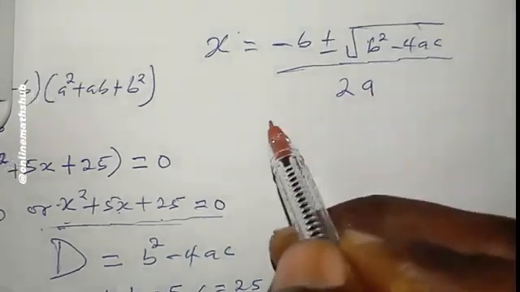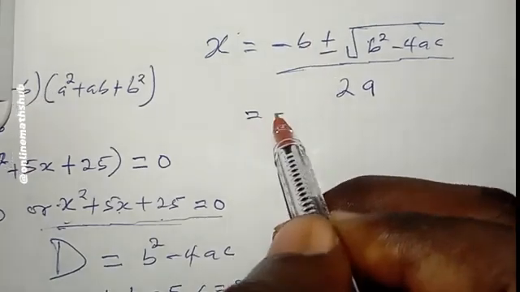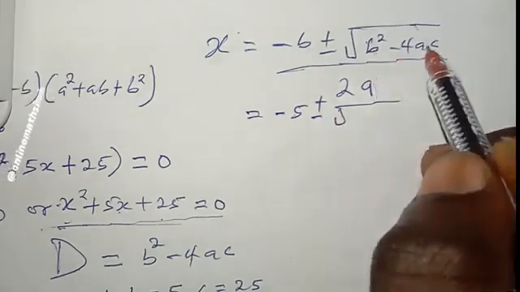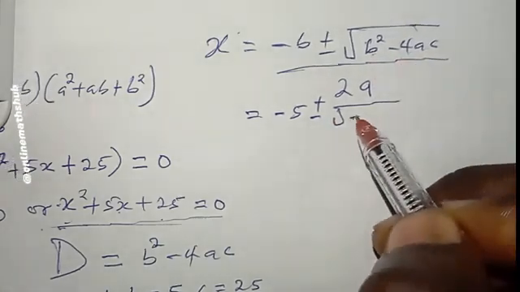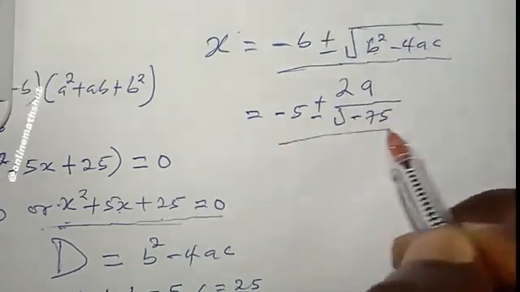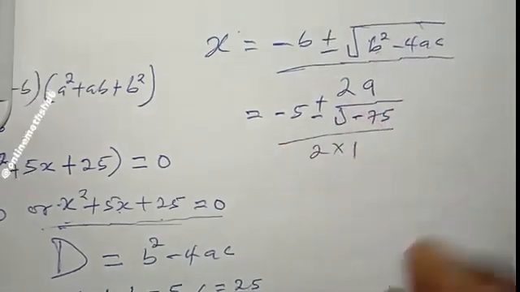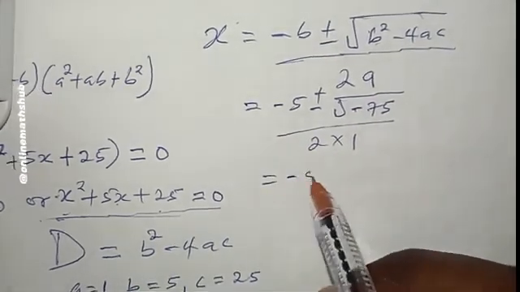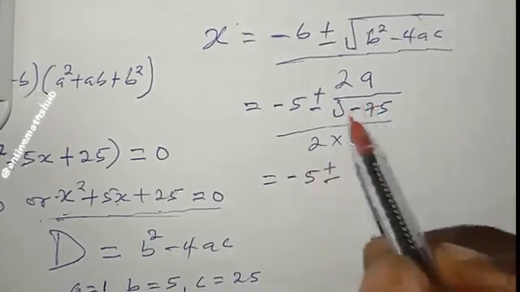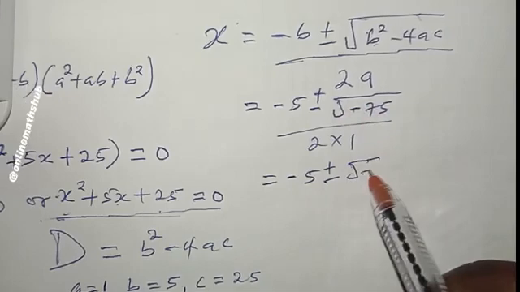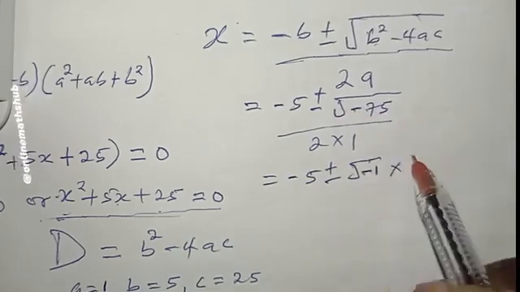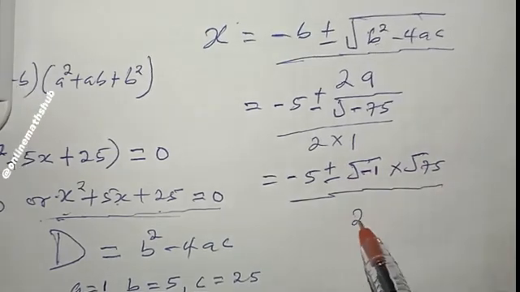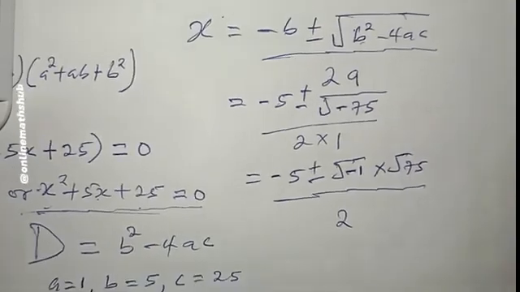Moving on, what we have here is minus b, which is just minus 5, plus or minus the square root of the discriminant. Of course, we've solved this and we got that this is negative 75, divided by 2 times 1. Then moving on, what we're going to have is negative 5 plus or minus, I'm going to split this into negative 1 multiplied by the square root of 75, all divided by 2 times 1, which is equal to 2.